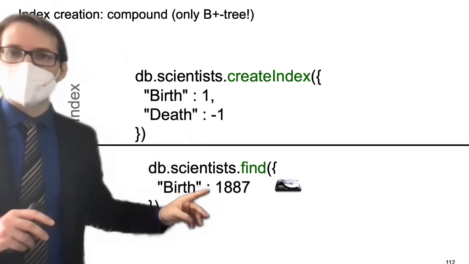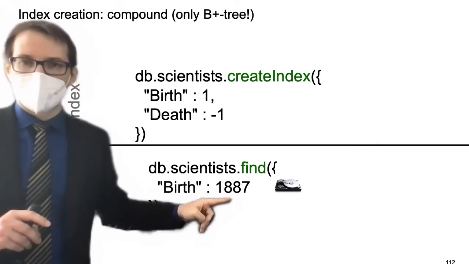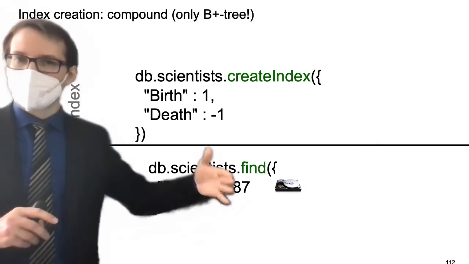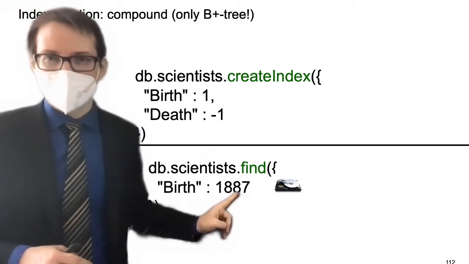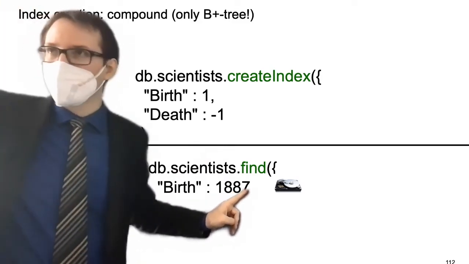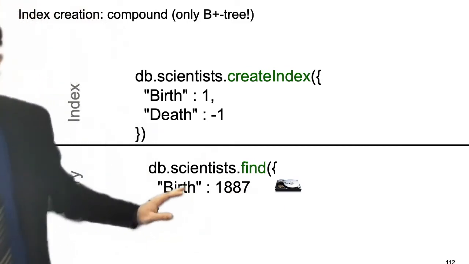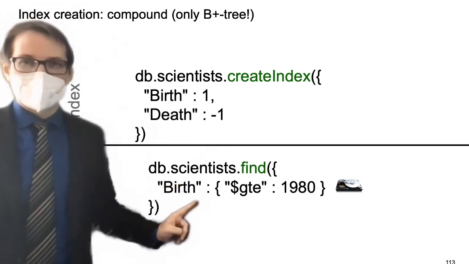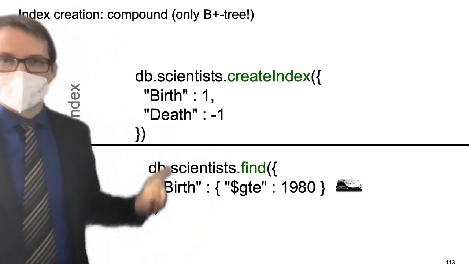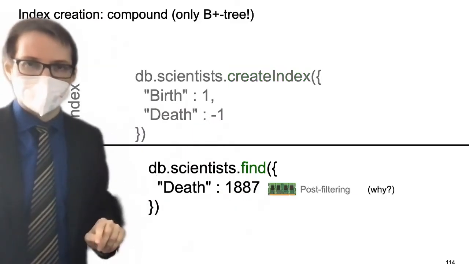It's basically the interval between born in 1887 and dead in 1887 on the left-hand side of the interval, and the right-hand side of the interval is born in 1887 and dead in 2022 or later, right? Okay, well, I don't think anybody actually lives for that long, but you get the idea, right? Okay, this also works. With this index here, you can also make that query work. You just ignore the death in that case.